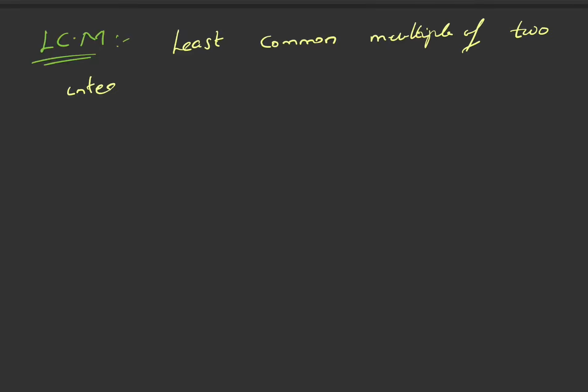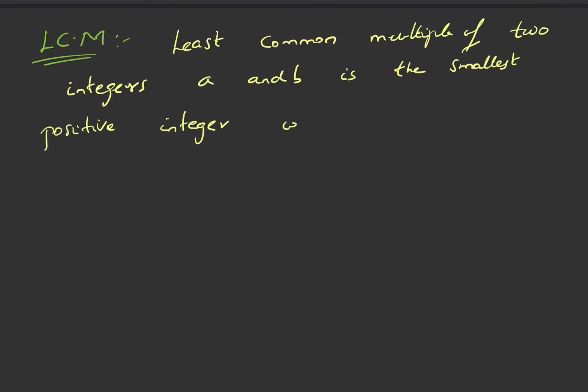So let us try to understand what is LCM. LCM is nothing but the least common multiple of two integers A and B. The least common multiple of two integers A and B is the smallest positive integer which is divisible by both A and B, right?